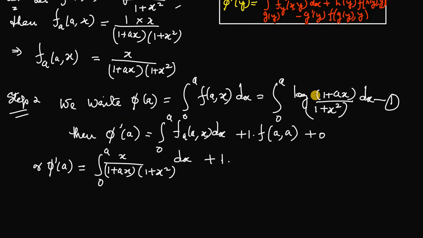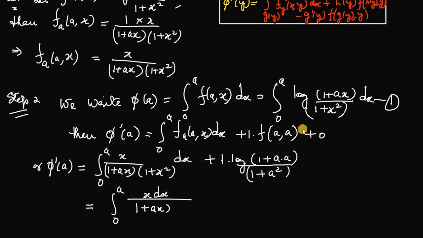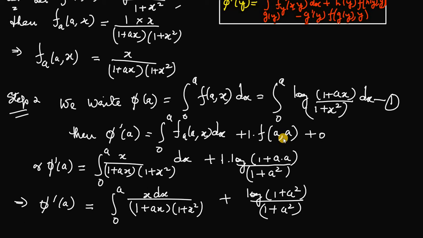What is f(a, a)? You replace x by a, so it becomes log of (1 plus a squared) divided by (1 plus a squared). So phi prime of a is equal to integral 0 to a of x dx divided by (1 plus ax) into (1 plus x squared), plus log of (1 plus a squared) divided by (1 plus a squared).